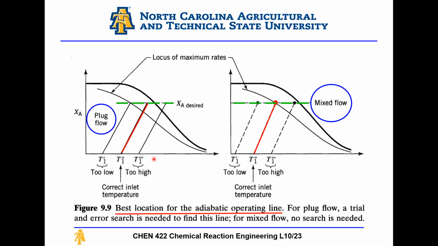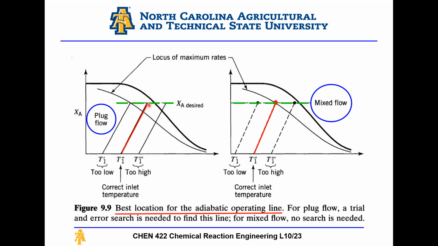On the left-hand side, I have the operations for a plug flow reactor. If I take a look at the best operating temperature, it's usually an iterative process for a PFR, because in a PFR it's difficult to control the operation along the locus.